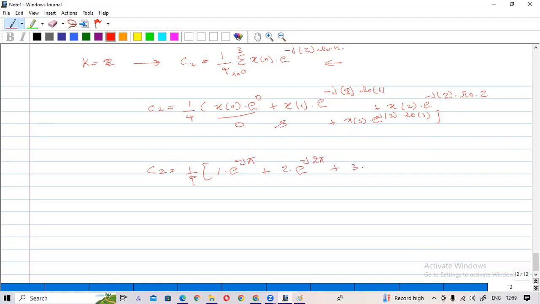Plus 3 e to the power minus j, 5π/2 multiplied by 2, so it will be 3 times 5π.